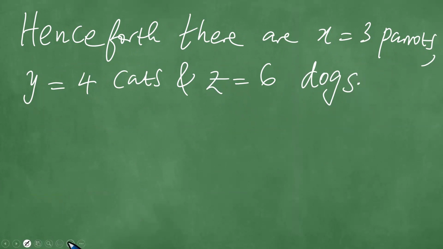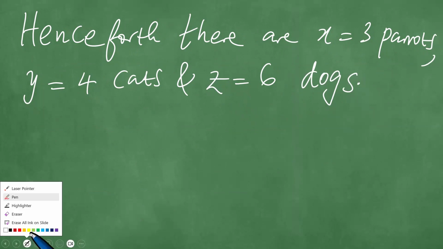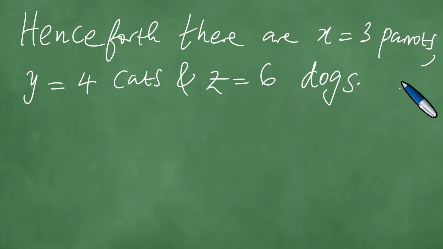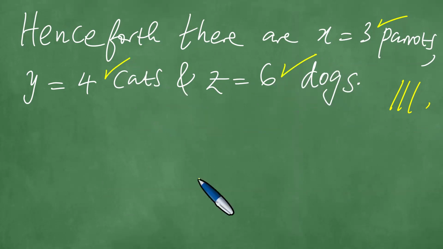And these are the figures we have got. We're excited, very thrilled to have solved this word problem in front of us. And we got 3 parrots, 4 cats, and 6 dogs as the final answers to this word problem.